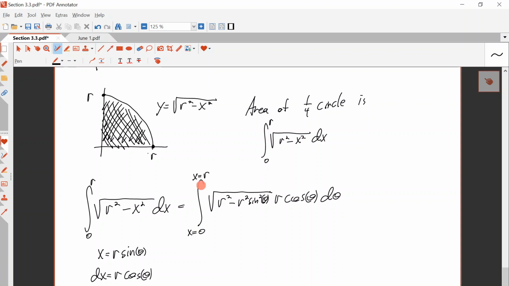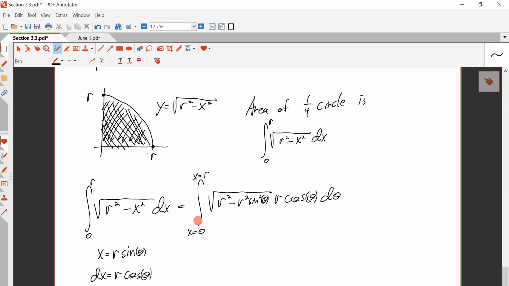So, by the way, since we're doing an actual integral rather than just an antiderivative, we're going to be able to skip that final step.